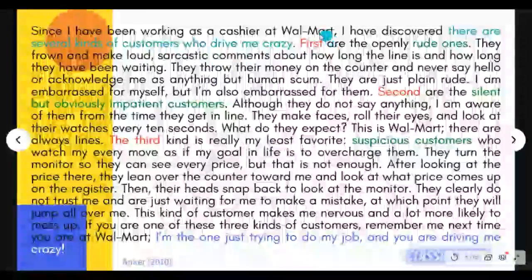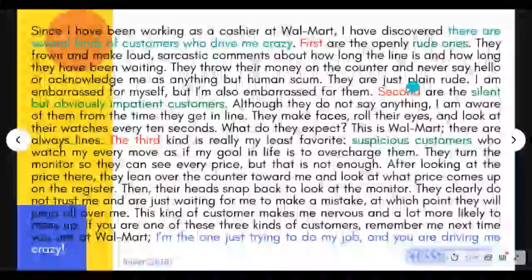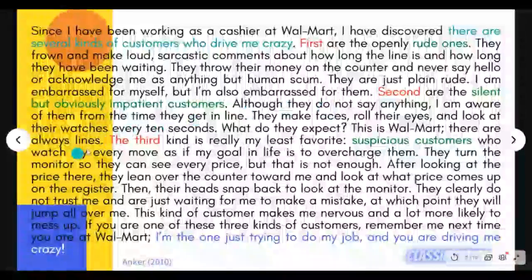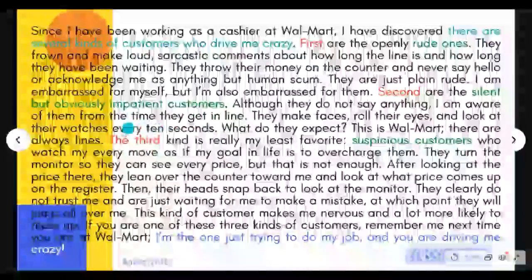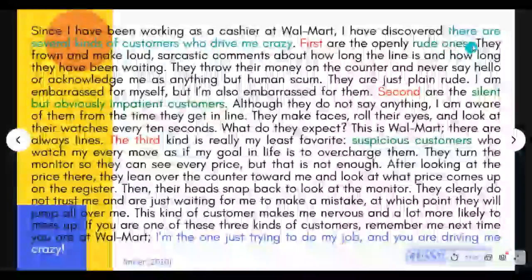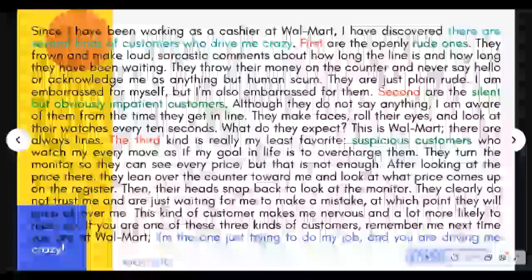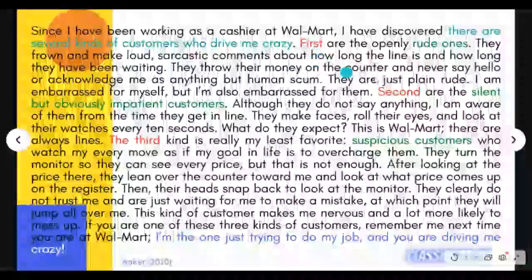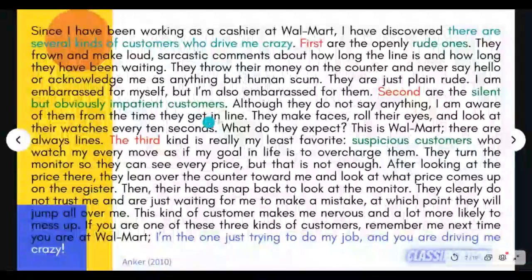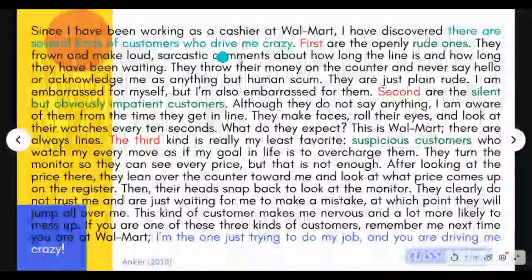Here, this is marked by red color: first, second, and the third, to indicate each of the classifications. And then words in green show the classification itself. So first, second, the third are the supporting sentences for this main idea.